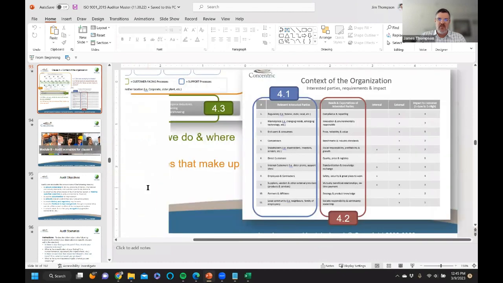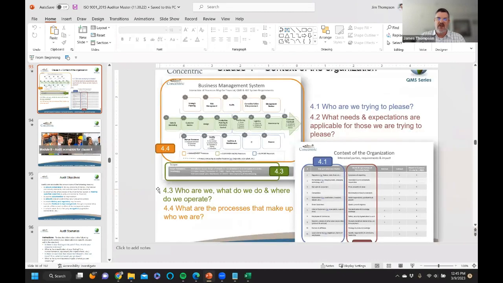So, you know, some organizations will, I was auditing a company months back, and they had pages upon pages upon pages of documentation, and, you know, over a dozen, maybe a couple dozen documents to define really the requirements within clause 4.